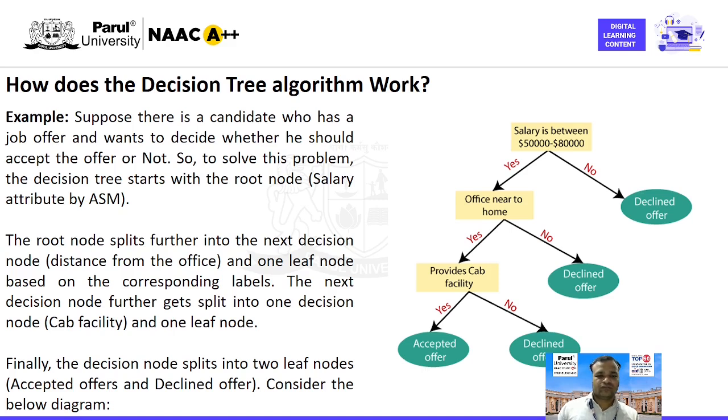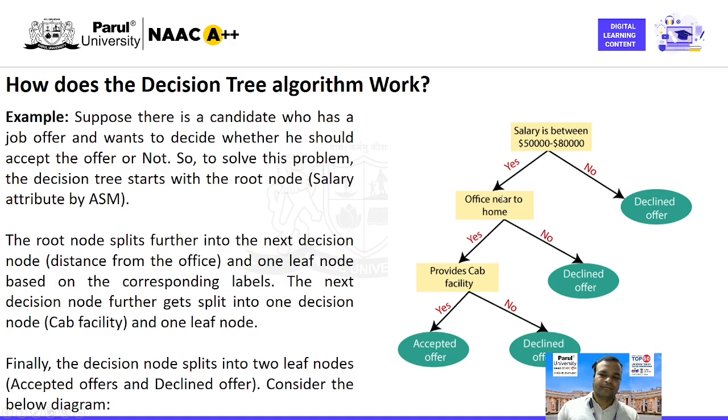The first condition is salary. If salary is between $50,000 and $80,000, then he can accept that offer, or if the salary is less than $50,000, then he can decline the offer. So if the salary is between $50,000 and $80,000, he accepts the offer.